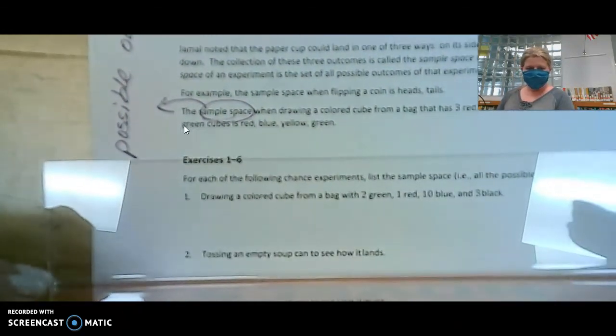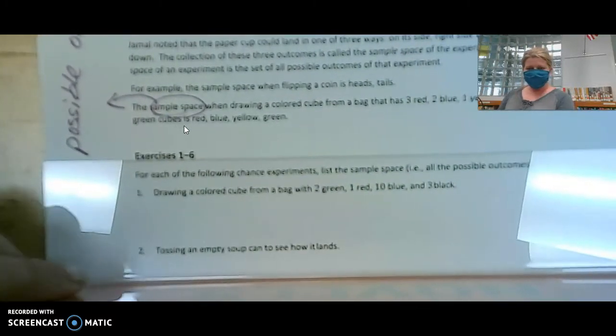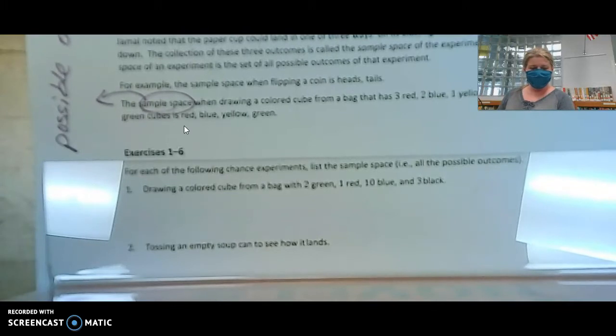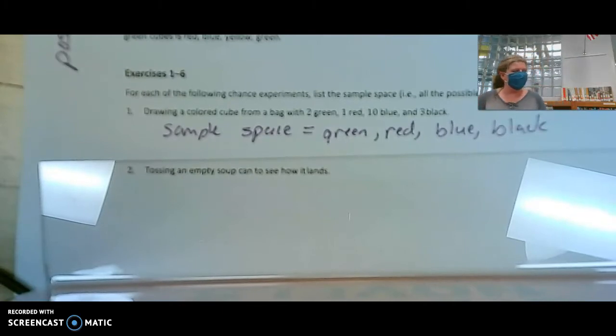Now, for each of the following chance experiments, list the sample space, all the possible outcomes. Drawing a color cube from a bag with 2 green, 1 red, 1 blue, and 3 black. So the sample space here is green, red, blue, and black, because those are the only options for colors of a cube that we could draw from this particular bag.